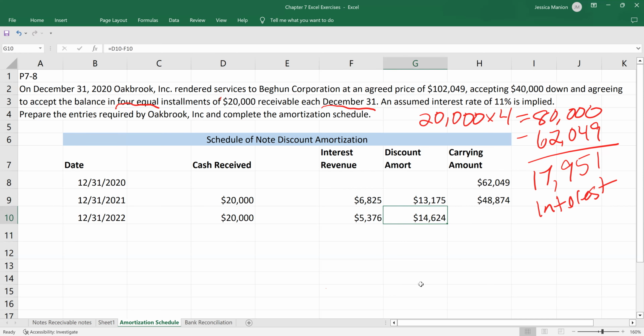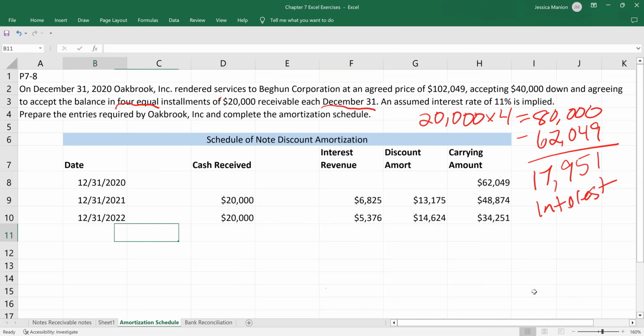So we're amortizing 14,624 of that discount. So we say equals 48,874 minus that discount amortized. We're down to 34,251.